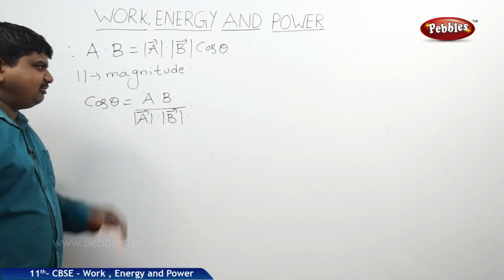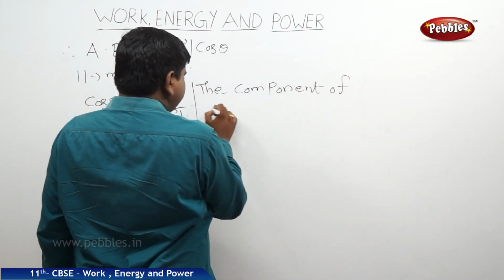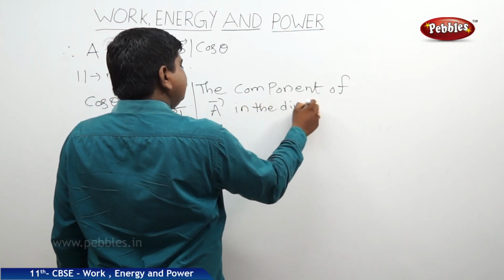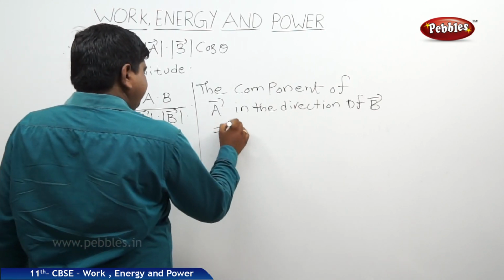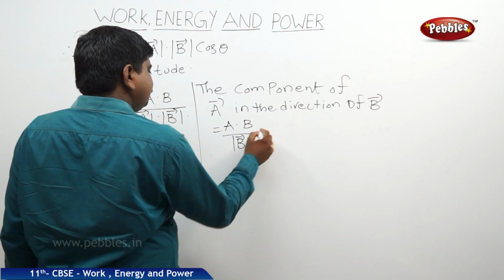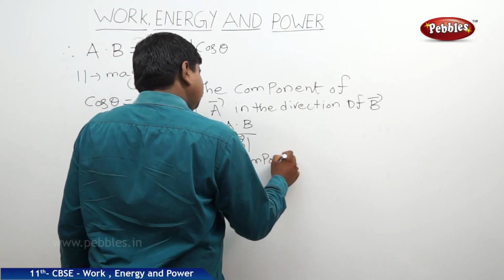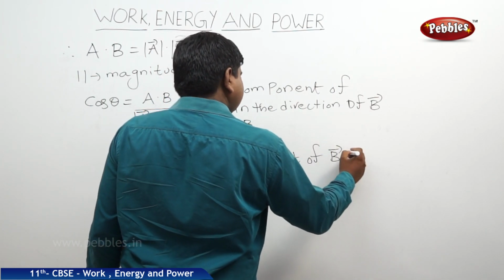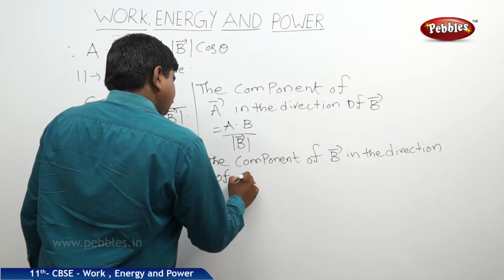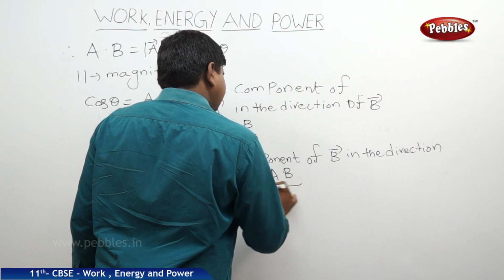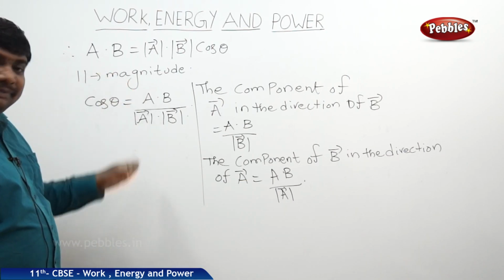So the component of A bar in the direction of B bar is A dot B by mod B. Similarly, the component of B bar in the direction of A bar is A dot B by mod A. These are the rules we can follow to do the multiplication or product of vectors.